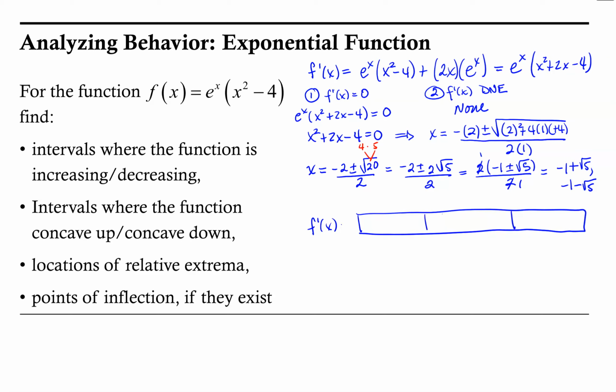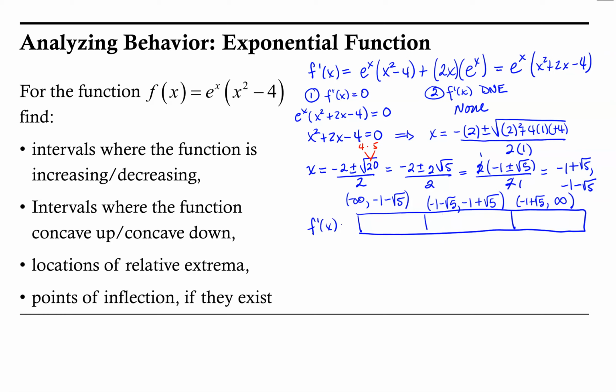So the first interval will be from negative infinity up to negative 1 minus square root of 5. That is the smallest of the critical points. Then from negative 1 minus square root of 5 to the larger critical point, negative 1 plus square root of 5. And then our third interval will be from negative 1 plus square root of 5 onward to infinity.